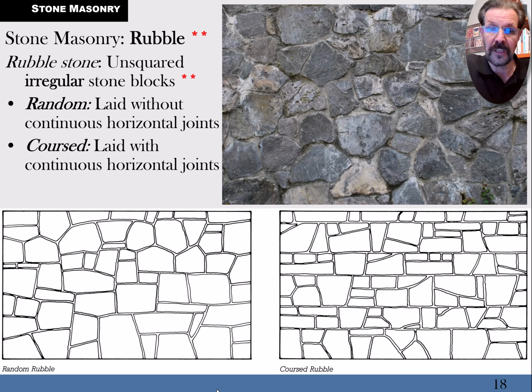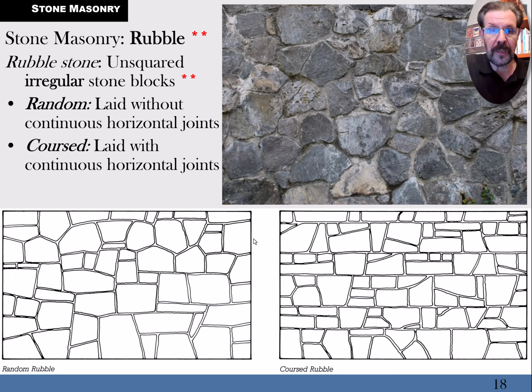So it takes more labor because it's a bit of artistic expression, a little bit of puzzle laying, as opposed to taking very regular shaped stones that are cut and putting them in place. So rubble refers to this irregular shaped rock when you're making a wall out of irregularly shaped stones or blocks.